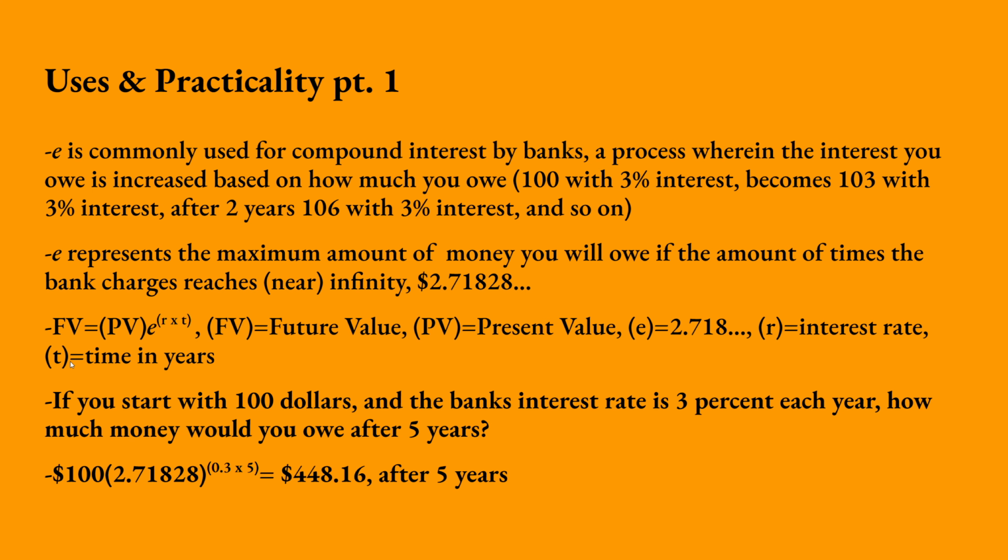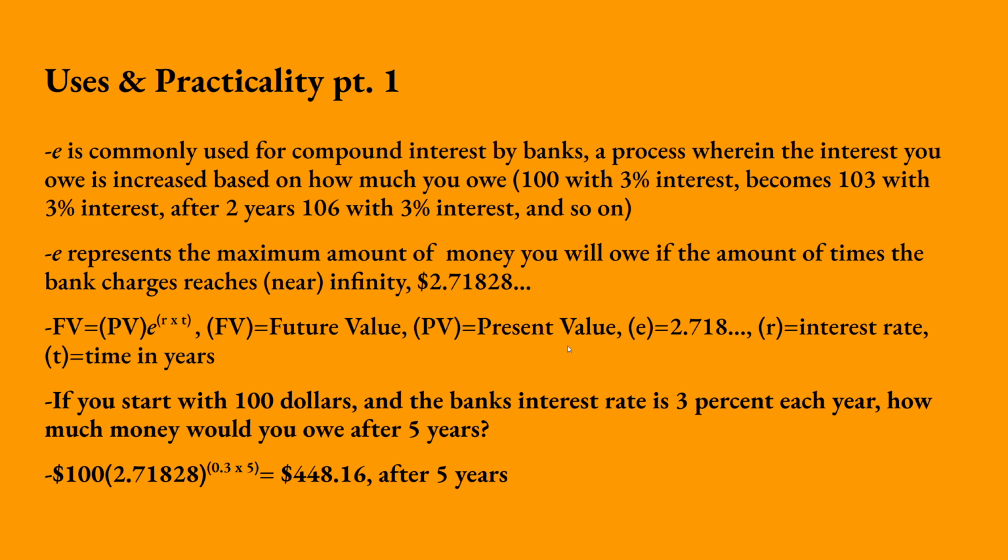E is practically used in the real world by banks for compound interest, and E is specifically used to calculate for that infinite debt or infinite interest accruance series to help factor out that sort of possibility in debt. So the equation or formula commonly used is FV for future value, how much you're going to have in the future.